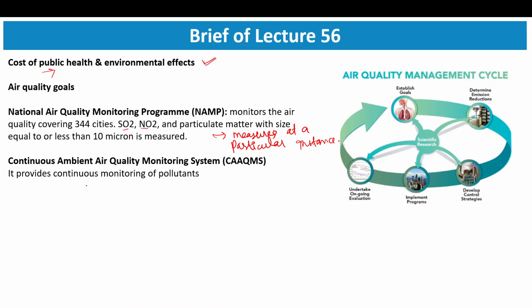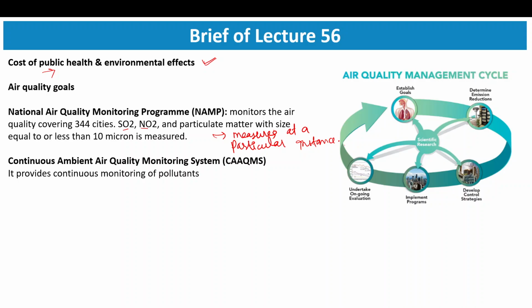While in the case of continuous ambient air quality monitoring systems, the air quality systems are installed and they measure the pollutant concentration continuously, right? And those concentrations are displayed on public portals so that everyone is aware of the existing air quality.